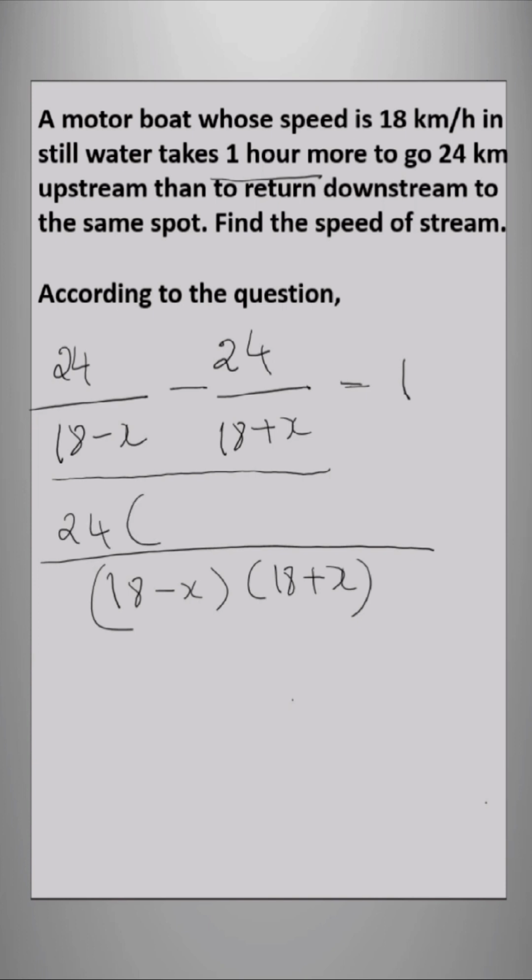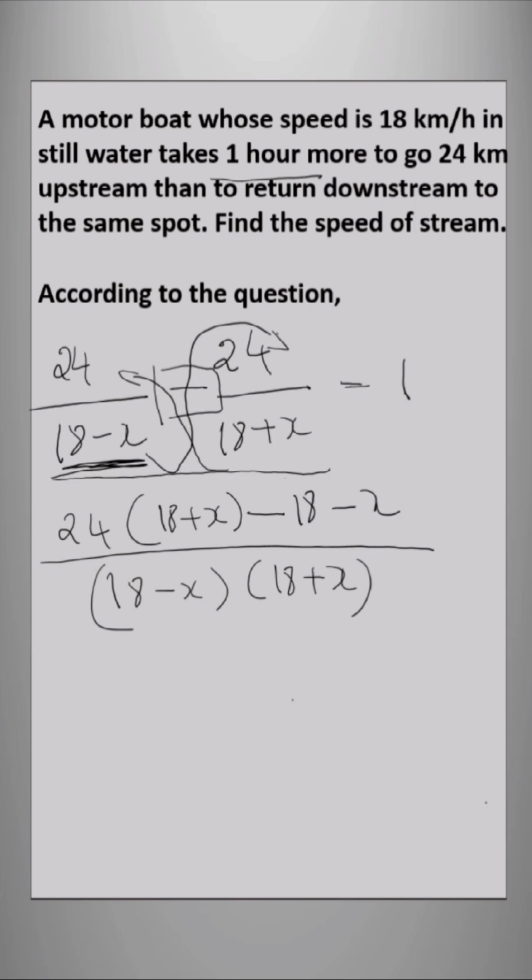Here 18 plus x goes here, minus this one. Be careful. 18 minus x goes here. 24 we have taken outside. 18 minus x, put bracket, is equal to 1.